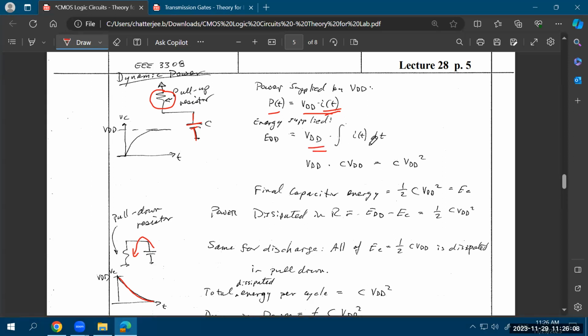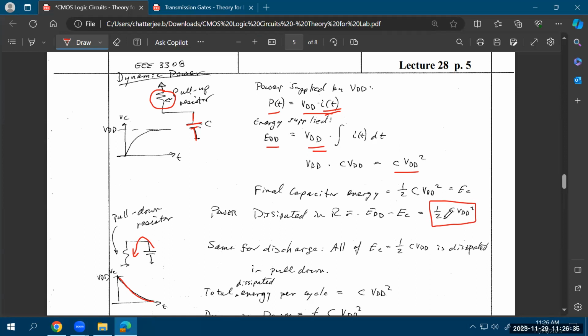If you do this integration, you'll see that the energy supplied will be equal to C times VDD squared. And the energy stored in the capacitor, again that is high school physics, I'll not go through the derivation. You should know that the energy stored in a capacitor is half C VDD squared. Half CV squared is the energy stored in a capacitor. So the energy supplied is equal to CV squared.